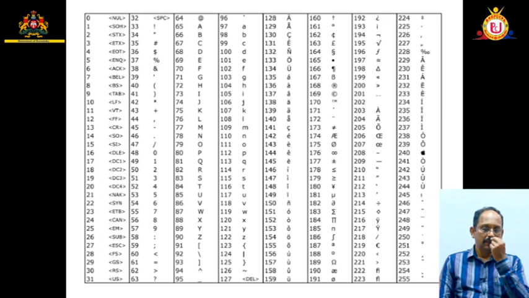So from this, you can understand how ASCII codes are used to represent different symbols using the ASCII chart. This chart is a 256 symbol chart, that means the ASCII 8-bit chart.